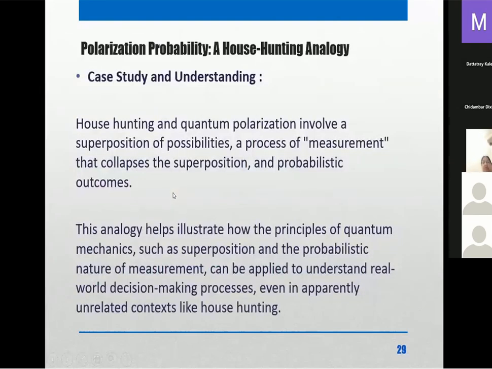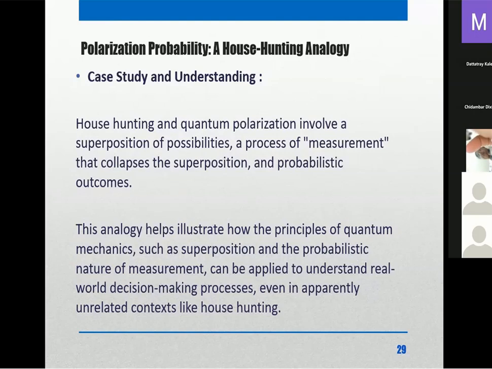Before going further, I want to highlight the probability concept. Just to get comfortable, I thought of a typical day-to-day example.